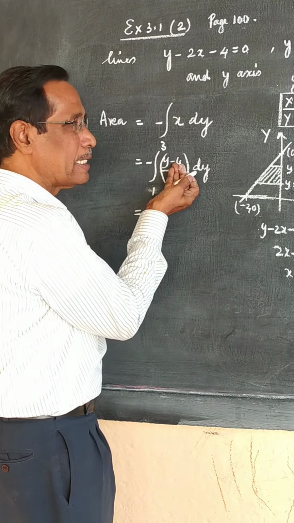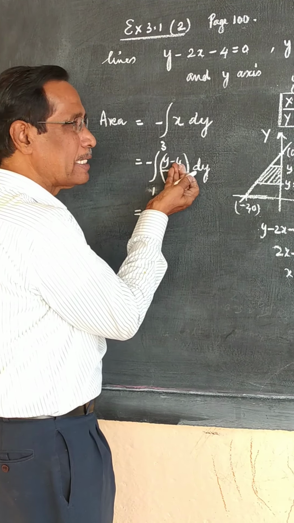Now on integration you get 4y minus y square by 2 from 1 to 3. Half, upper limit: 4 into 3, 12, minus 3 into 3, 9 by 2.